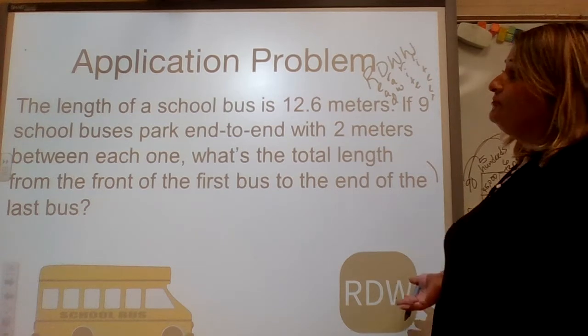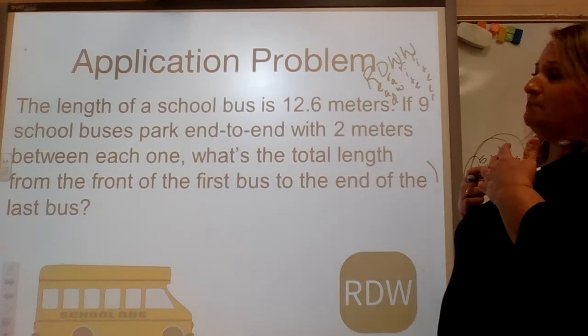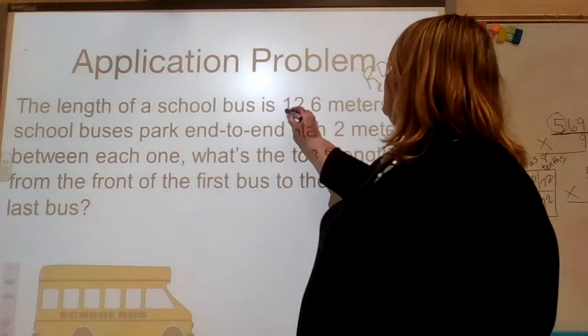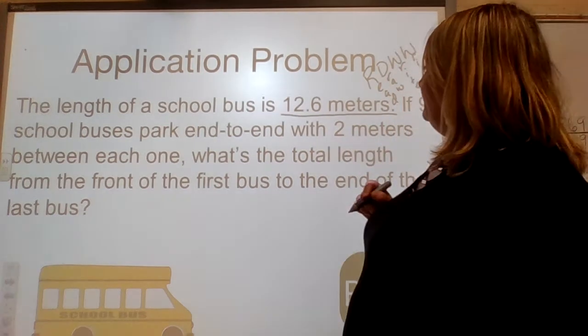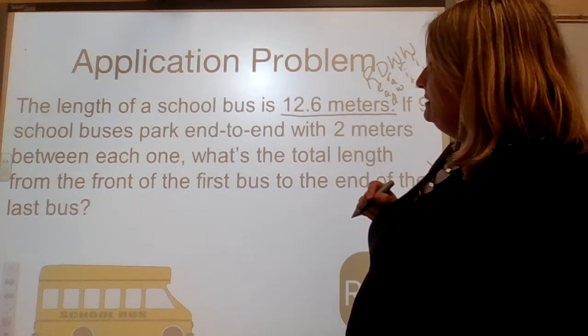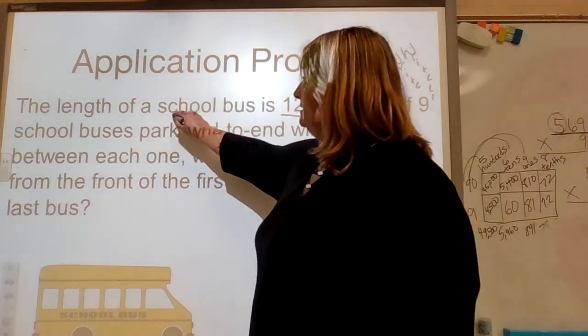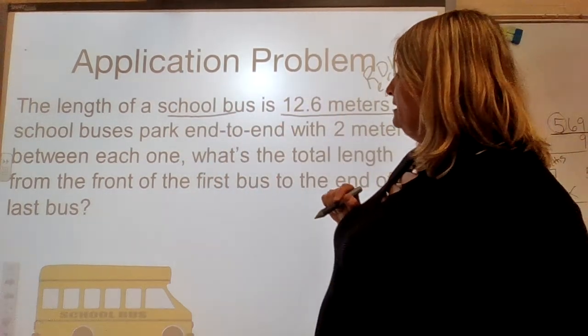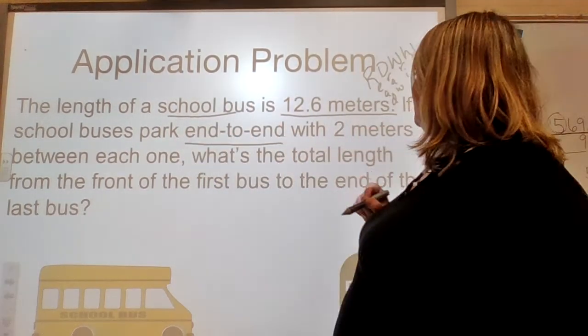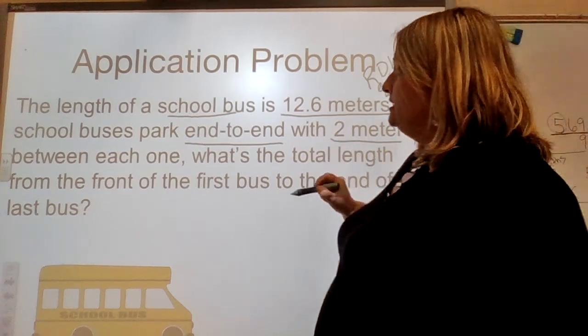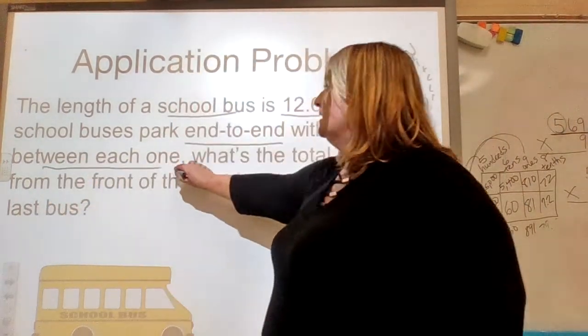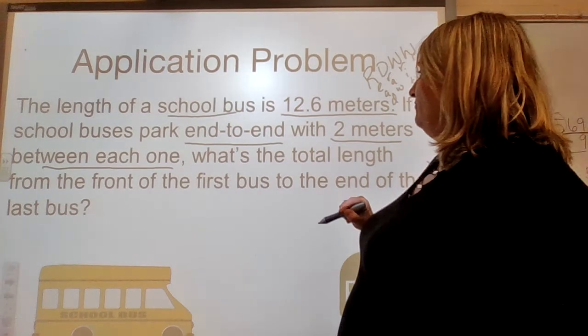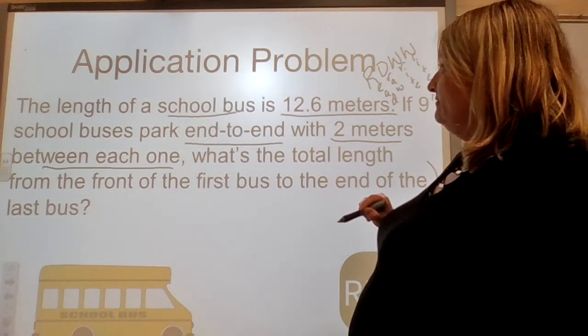We have to pull out the factual information here. And the factual information is 12 6/10 meters. That's the length of a school bus. And then the school buses park end to end with 2 meters between each one.